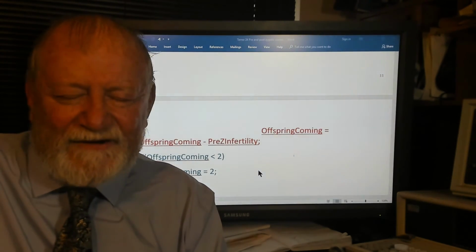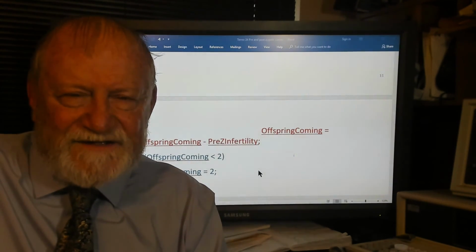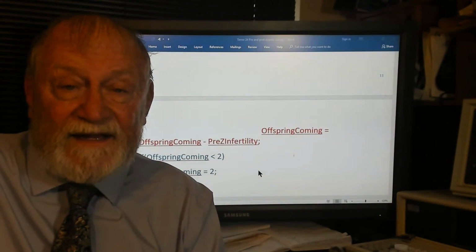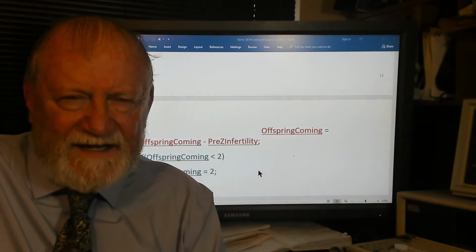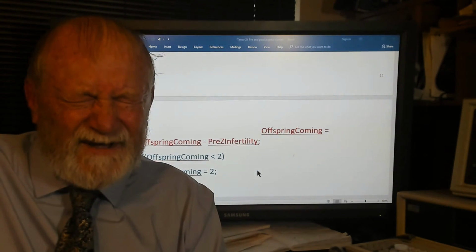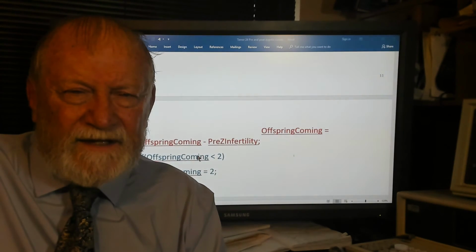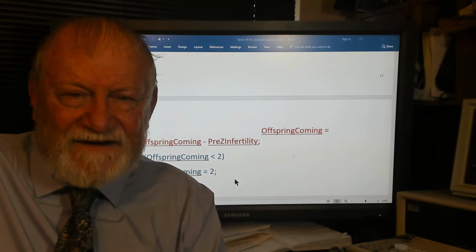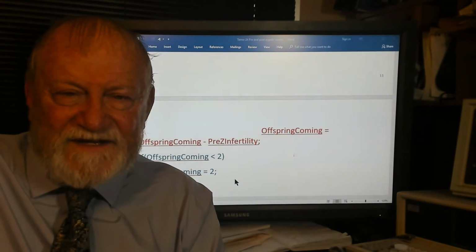That is a very, very awkward fix. I really don't like that. But something's going on. It's either real low pre-zygotic infertility, which puzzles me, or it's some completely different process that just says that's it, no more damage from pre-zygotic infertility.